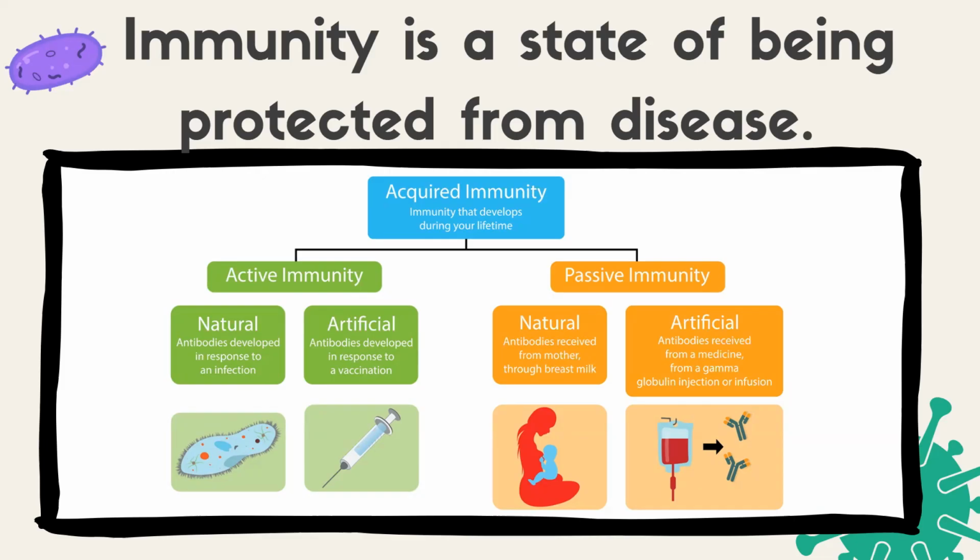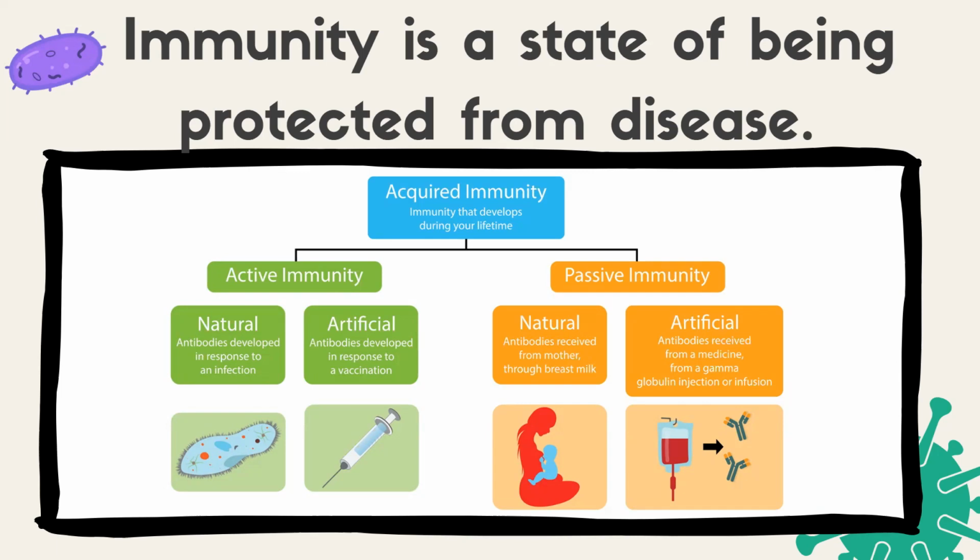With passive immunity, our body is going to receive antibodies. They're not actually going to create them. So this is natural passive. That could be antibodies received from the mother. This can occur through breast milk, and this can also occur through blood mixing during childbirth.